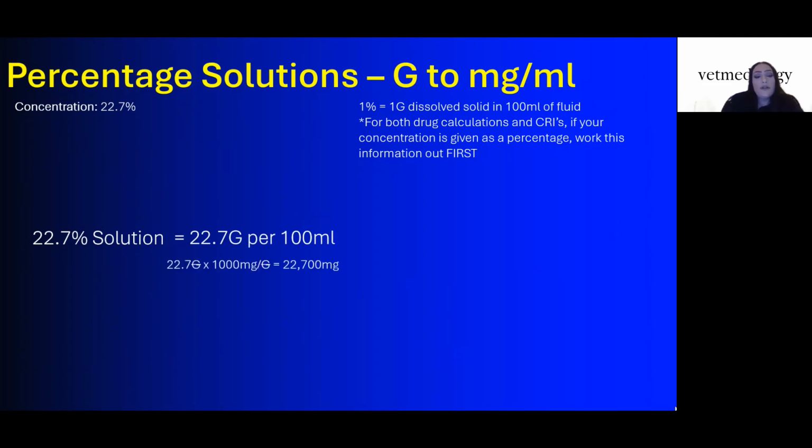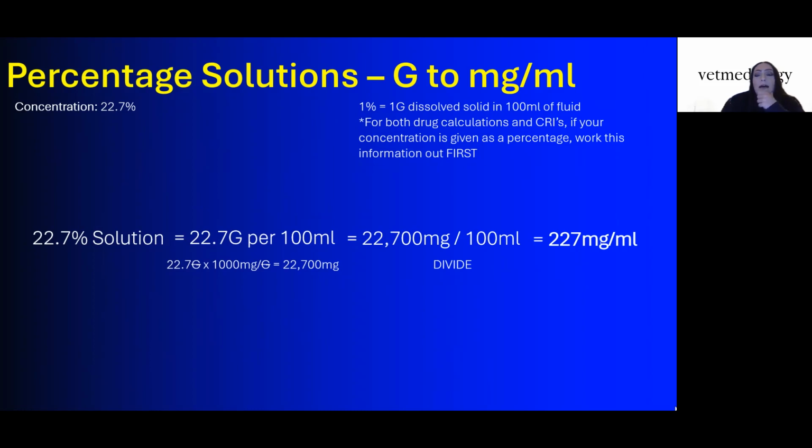So 22.7 grams times 1,000 milligrams per gram gives us 22,700 milligrams, and grams cancels out. So 22,700 milligrams per 100 mils. You want to divide now, and your concentration ends up being 227 mgs per mil.